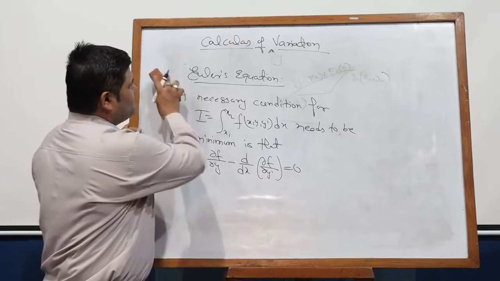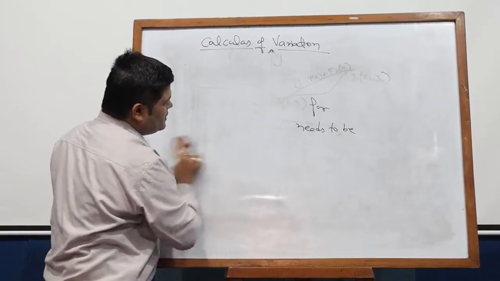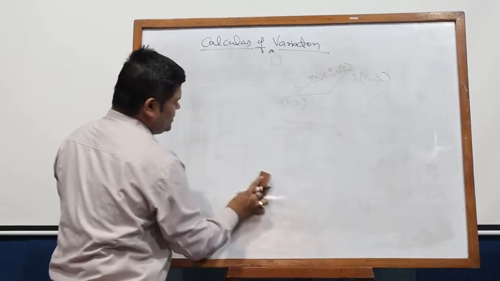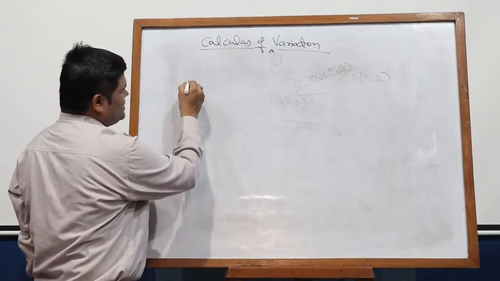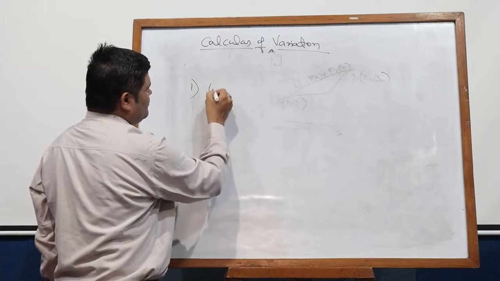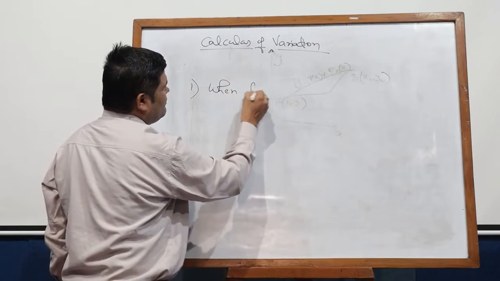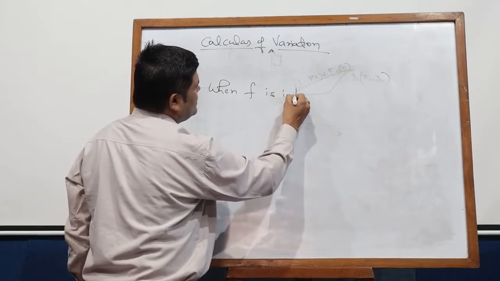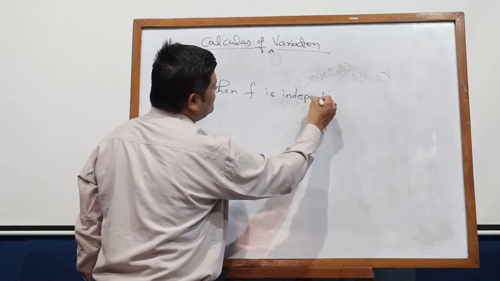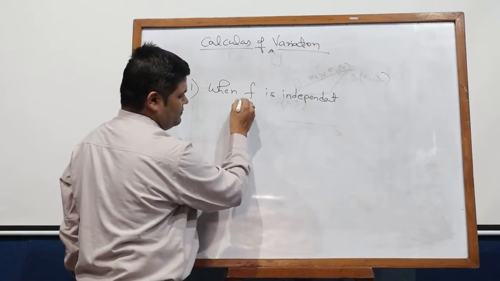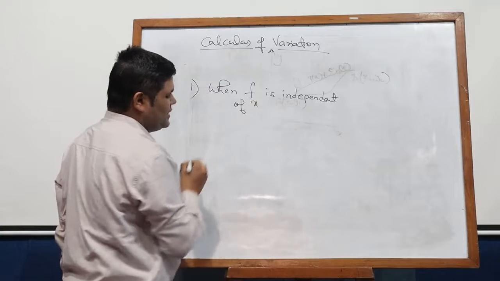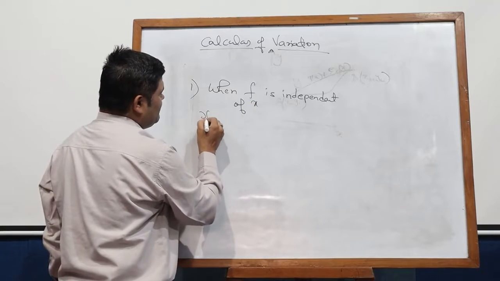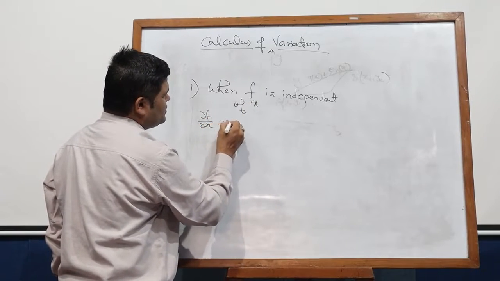There are many conditions for Euler's equation. The first condition is when f is independent of x. Independent of x means del f upon del x is equal to 0.